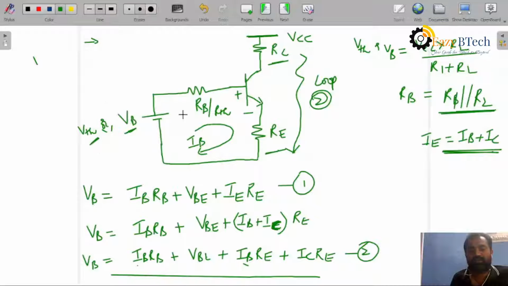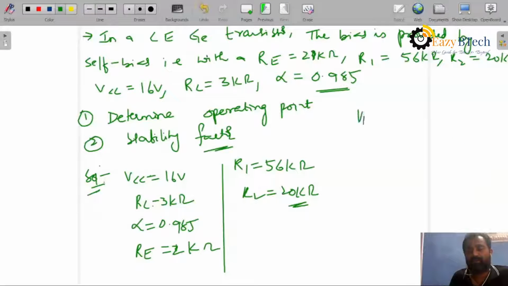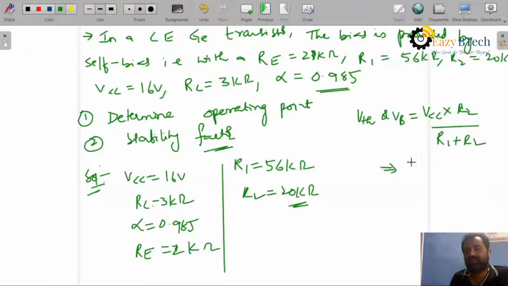Now what is the formula for VThevenin? Okay students, the formula for VThevenin or VB is equal to VCC into R2 by R1 plus R2. VCC is given in the problem, 16 into R2, 20 into 10 power 3, by total R1 plus R2, 56 plus 20, it is 76 into 10 power 3. 10 power 3 will get cancelled.